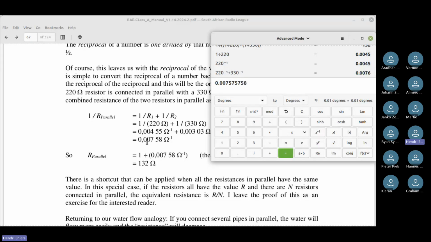Indeed, we did. So we agree that that is correct, and then we have to do that once more with it to get the resistance value, because what we have at the moment is 1 over RT, and we want it as a resistance value. And if we do that, we get 132 ohms, sorry, I'm losing focus.